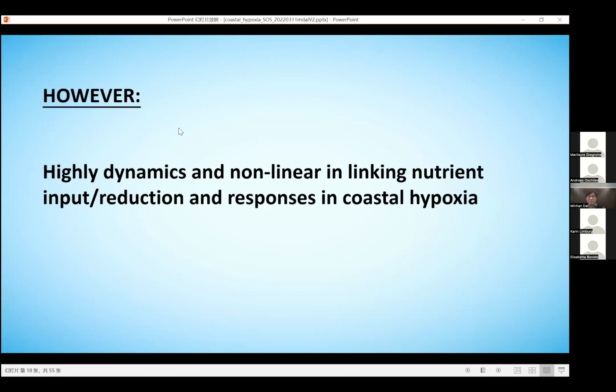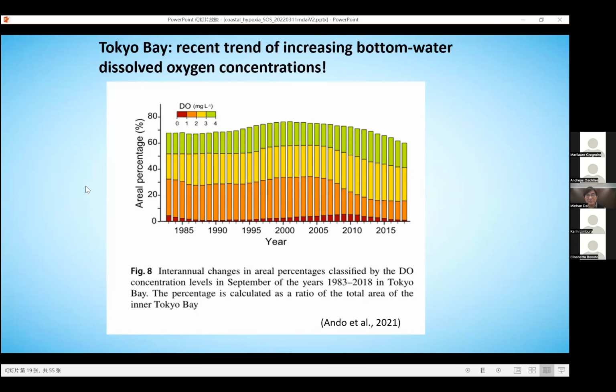However, I have to point out that the linkage between the nutrient input or reduction and the response in coastal hypoxia is quite dynamic, sometimes not linear. Just to give you a couple of different examples. One is Tokyo Bay. Thanks to the reduction of the emission, you start to see the increase in bottom water dissolved oxygen concentration during the last decade or so.